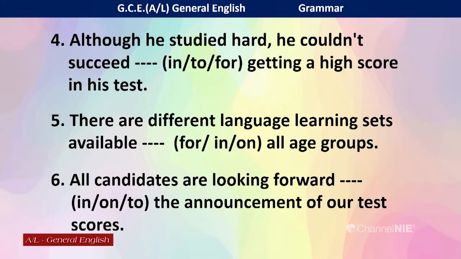Next sentence, there are different language learning sets available blank within brackets for, in and on all age groups. The 6th sentence, all candidates are looking forward blank within brackets you have in, on and to the announcement of our test scores. So, let us see what the answers are.